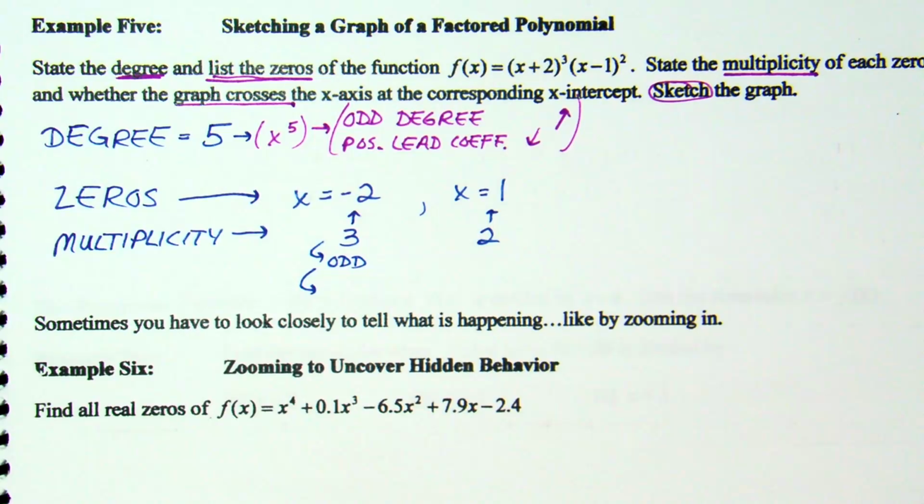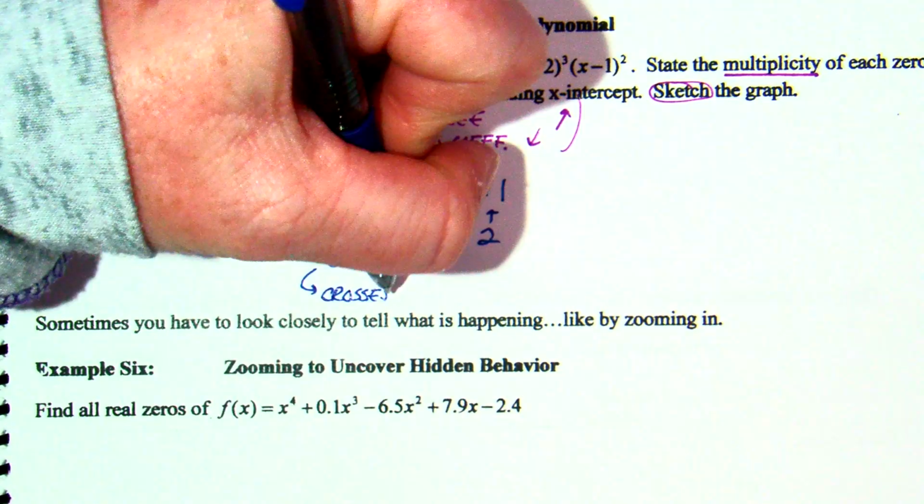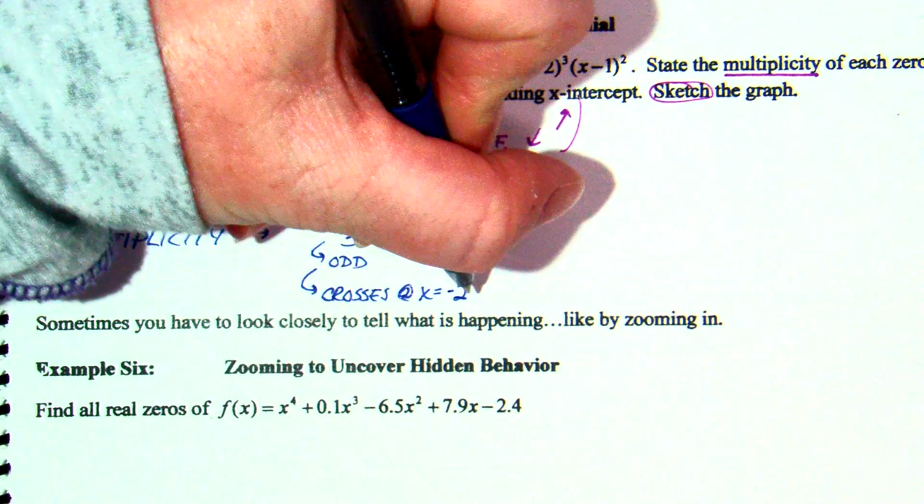If you go back and read up above example 5, when the multiplicity is odd, the graph is still going to cross through the x-axis. So this is going to cross through the x-axis at the zero, x equals negative 2. Okay?